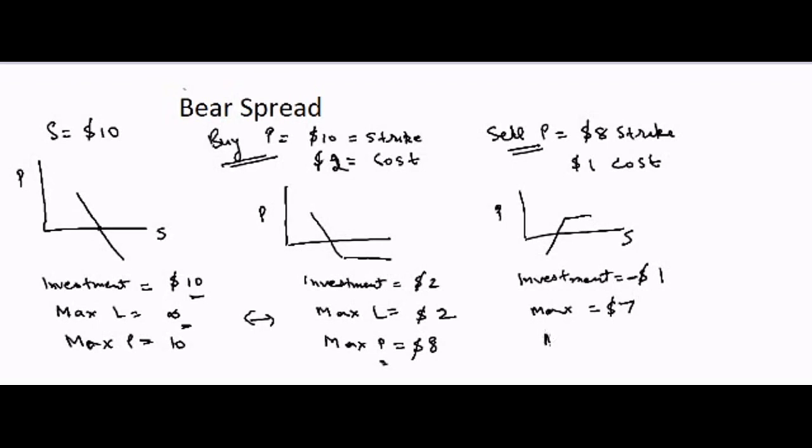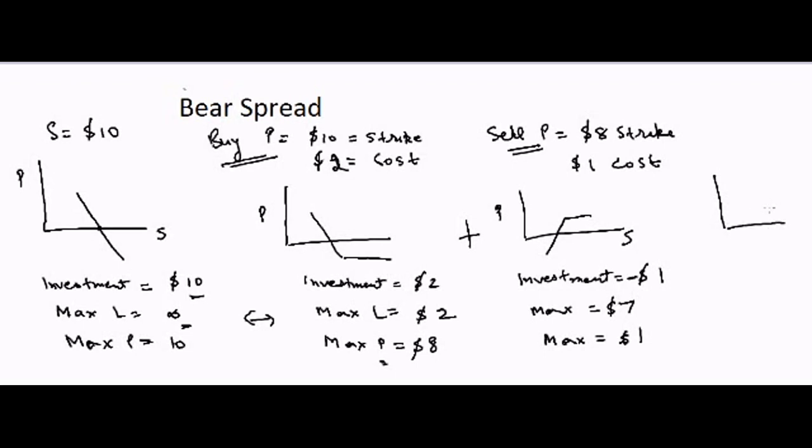But your maximum profit here is also $1, because you will only gain the $1 you received for selling the put. If we combine both of these strategies together, that is what we call a bear spread.